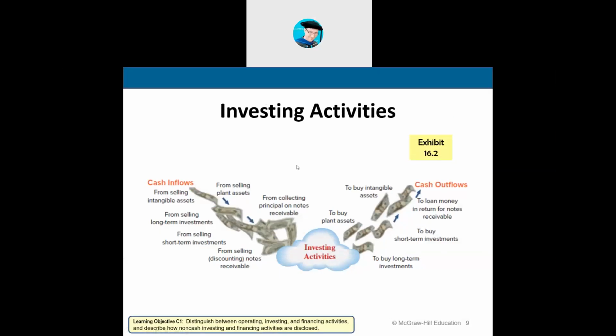For investing activities, it is the purchase or sale of property, plant, and equipment, and sometimes also intangible assets. And so we have tangible and intangible. Tangible assets means I can physically touch it. I can physically touch the building. I can physically touch the equipment.